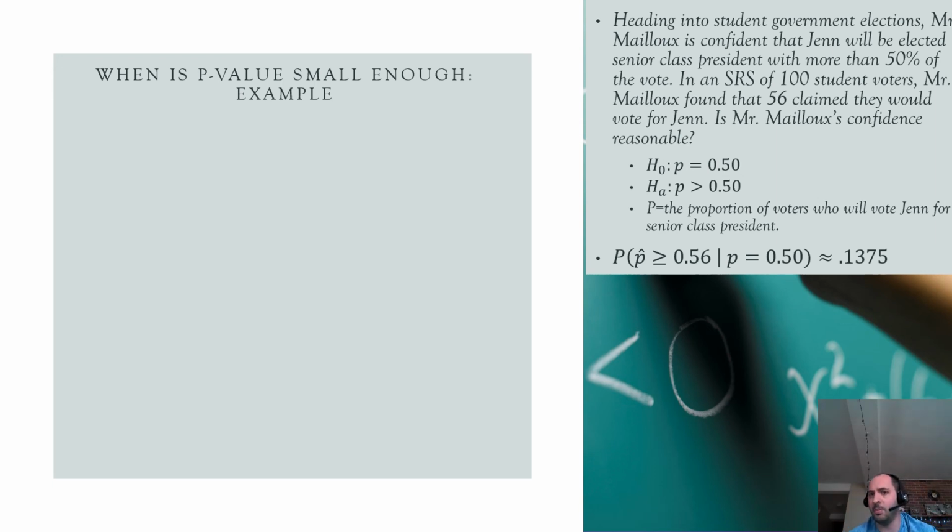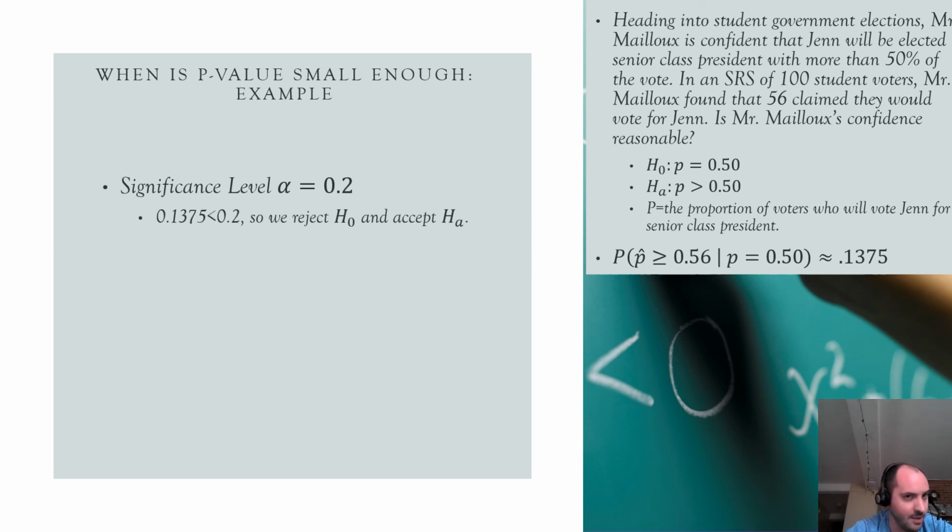Well, assuming that null hypothesis is true, I can calculate the probability I would have observed something as or more extreme than 56% of those 100 voters voting for Jen, and it was 0.1375 or 13.75%. So if I have a larger significance level, say 0.2, my p-value is less than 0.2, so I reject the null hypothesis to accept the alternative. I'd say I have strong evidence to suggest that Jen's going to get more than 50% of the vote.